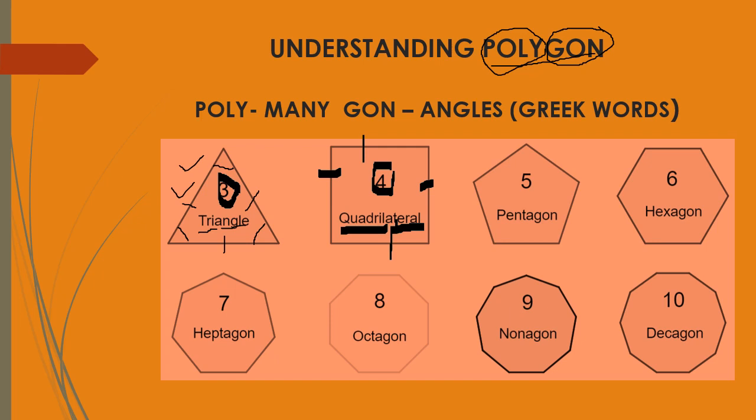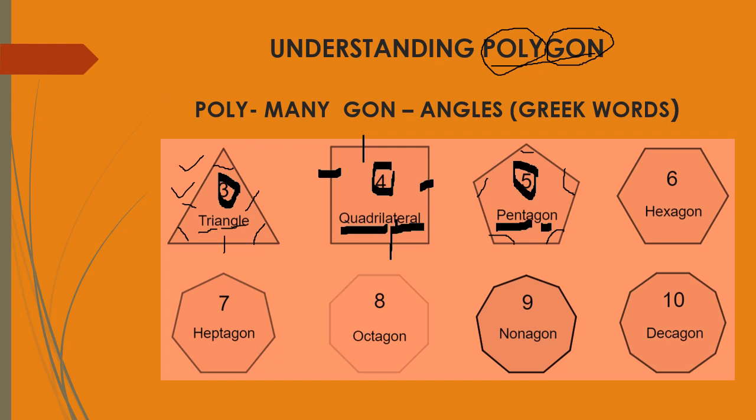In the same way, look at the next figure, the pentagon. Penta means 5 and gon means angles. So you look here, 1, 2, 3, 4 or 5.